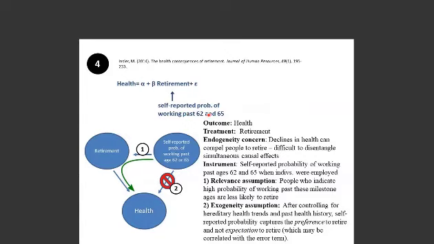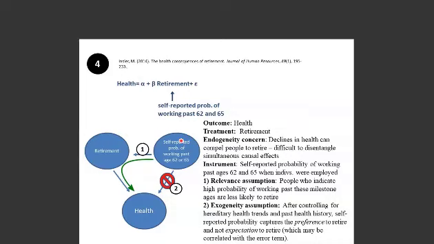Okay, so let's look at our picture so I can highlight that again. The relevance assumption that's being made here is that self-reported probability of working past age 62 or 65, which are milestone retirement ages, does have an impact on retirement.